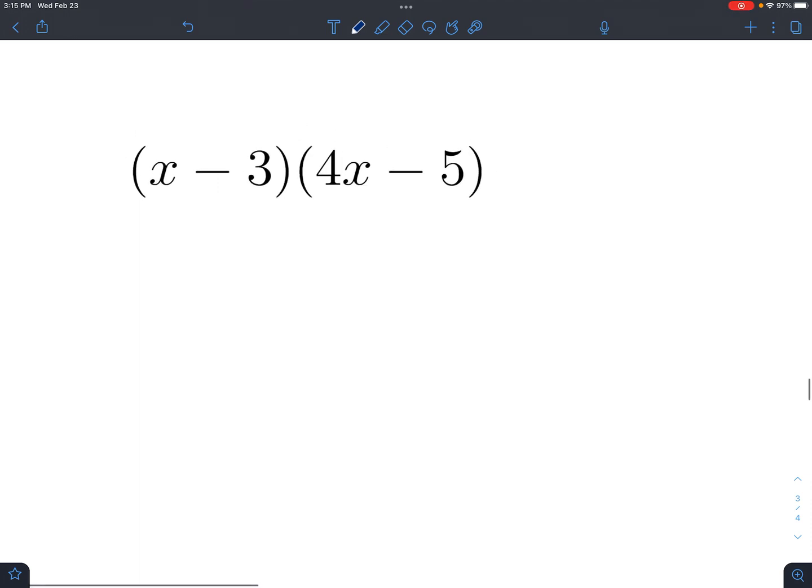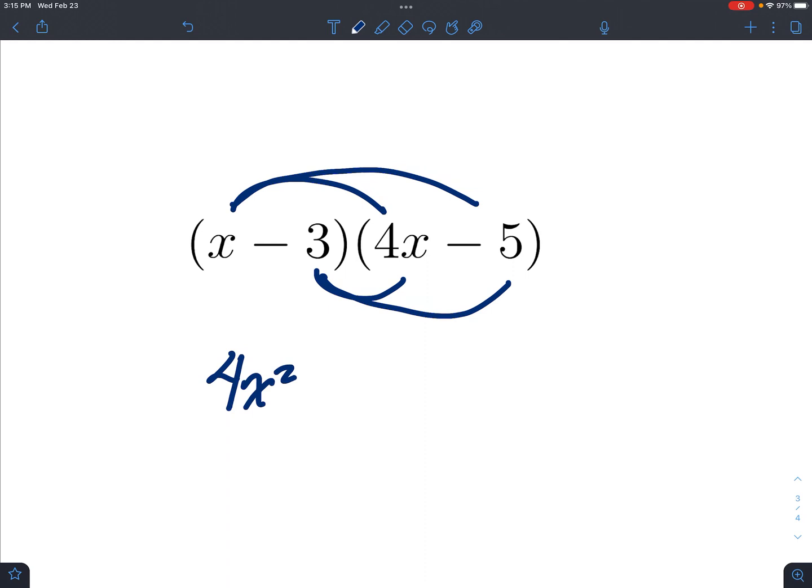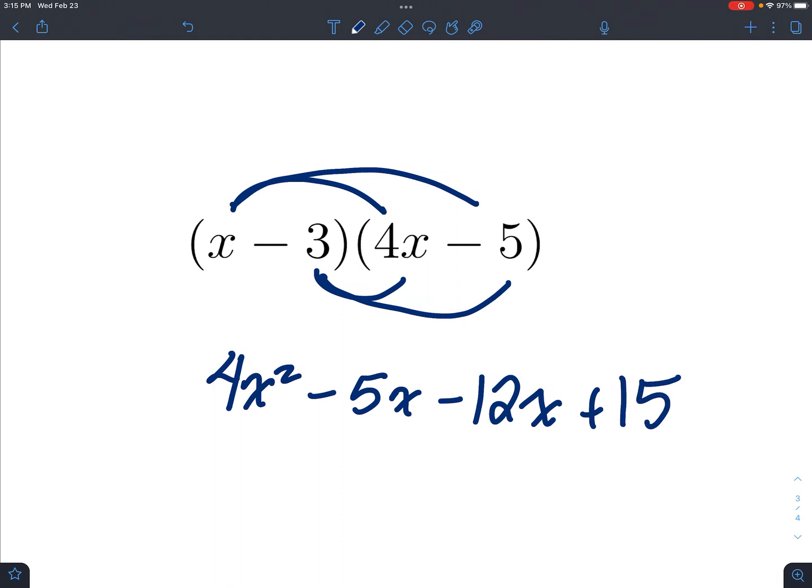Okay, and we've done these before when you have two things, the binomial times binomial. The acronym is FOIL, first, outer, inner, last. So I'd multiply those together and then do the minus 5x minus 12x plus 15.